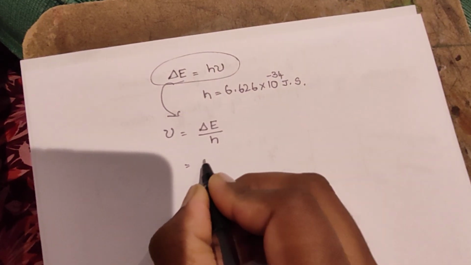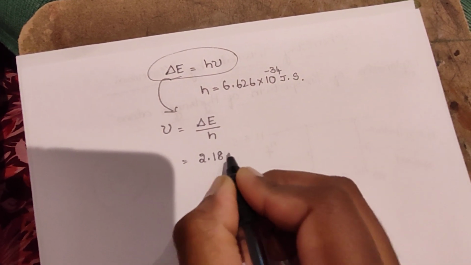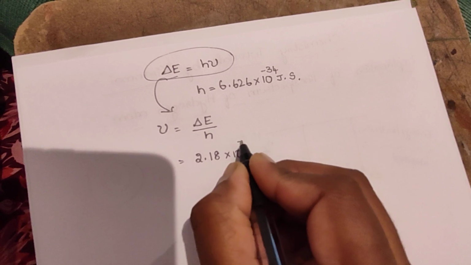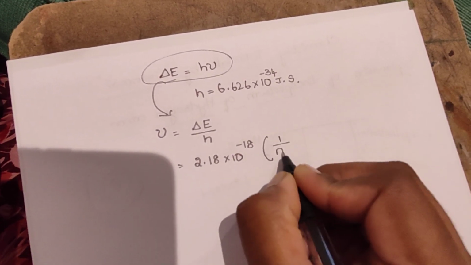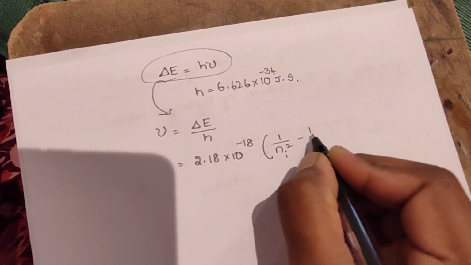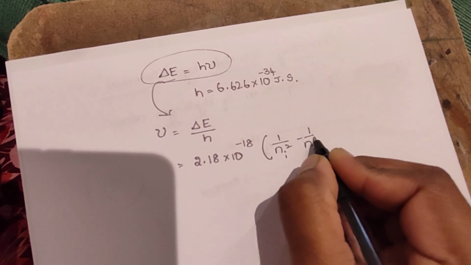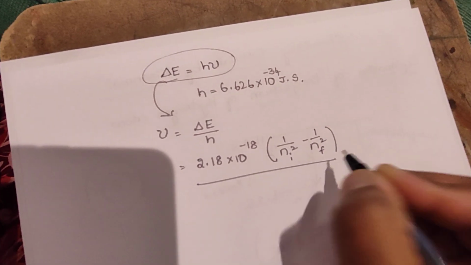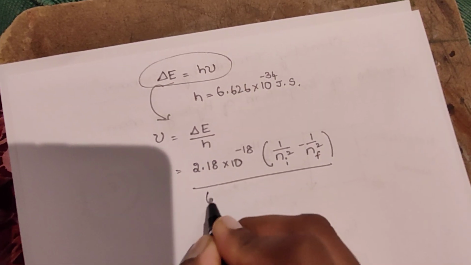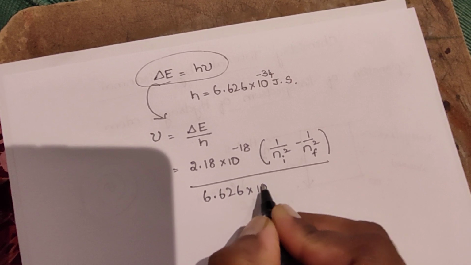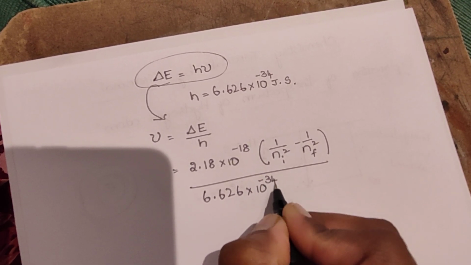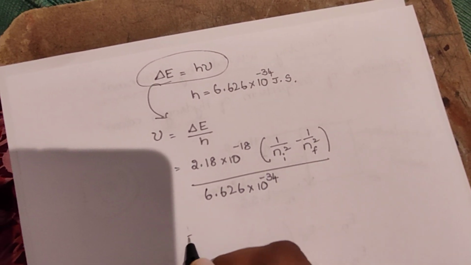So delta E equal to 2.18 into 10 power minus 18 into 1 by Ni square minus 1 by Nf square, divided by Planck's constant value, 6.626 into 10 power minus 34 joules second.